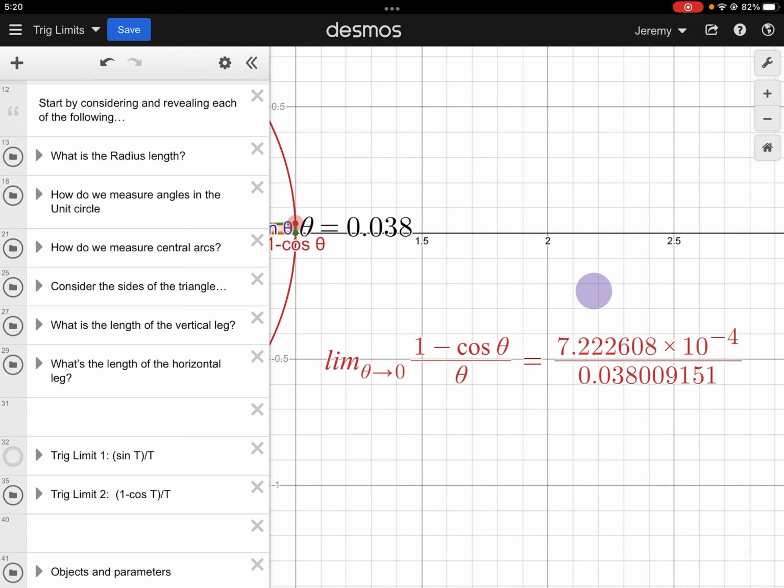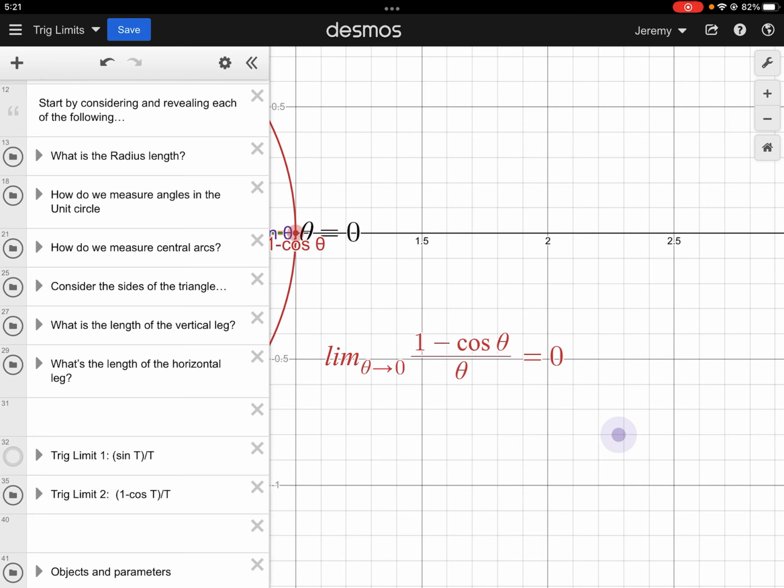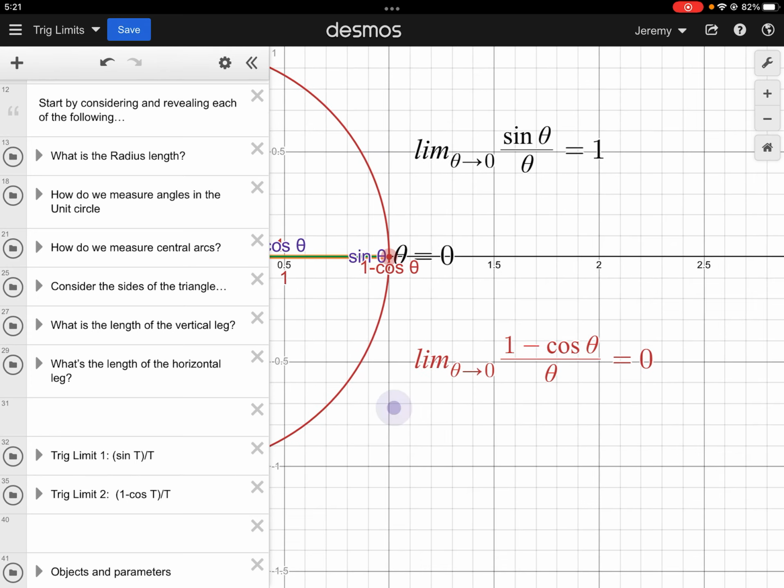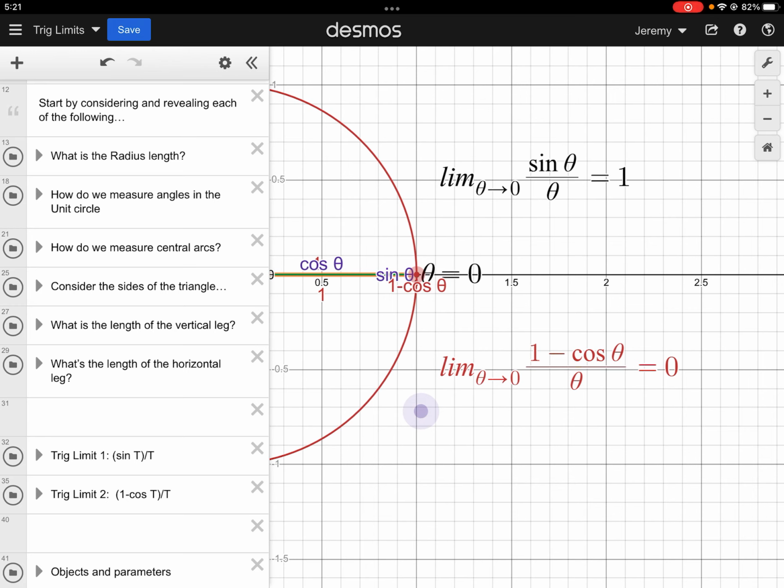That's in scientific notation there. So this is a very small number on top over something small but not as small. So we've got a tiny, tiny number on top over something, and so that's going to 0. So our two limits, we now have proven to ourselves that the limit of sine theta over theta is 1, and the limit of 1 minus cosine theta over theta is 0.